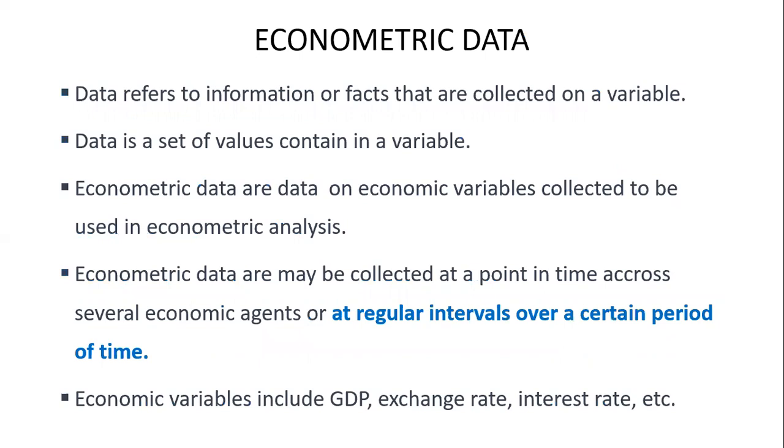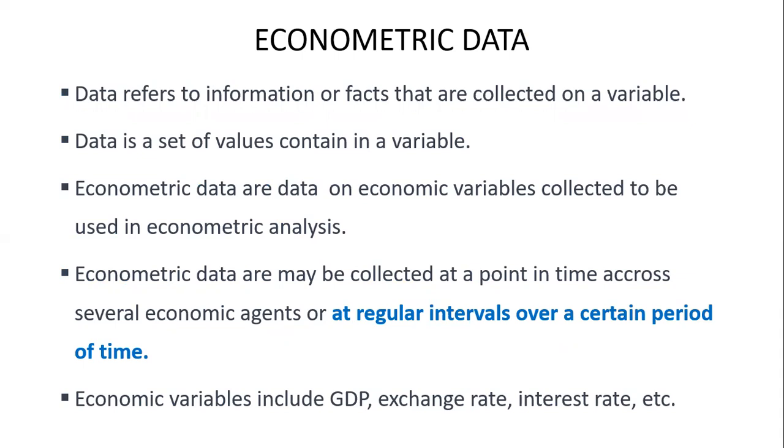Now, let's talk about econometric data. Data refer to information or facts that are collected on a variable. Data is a set of values contained in a variable. Econometric data are data on economic variables collected to be used in econometric analysis.